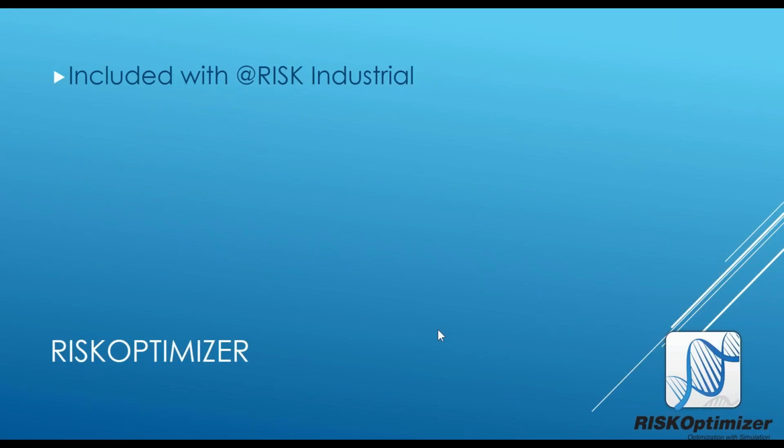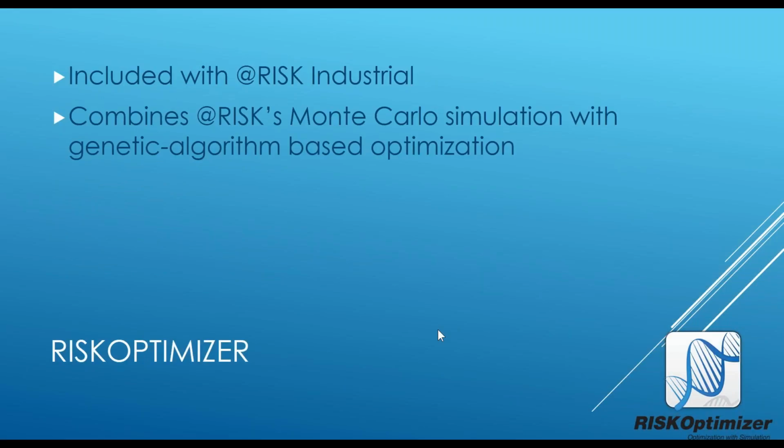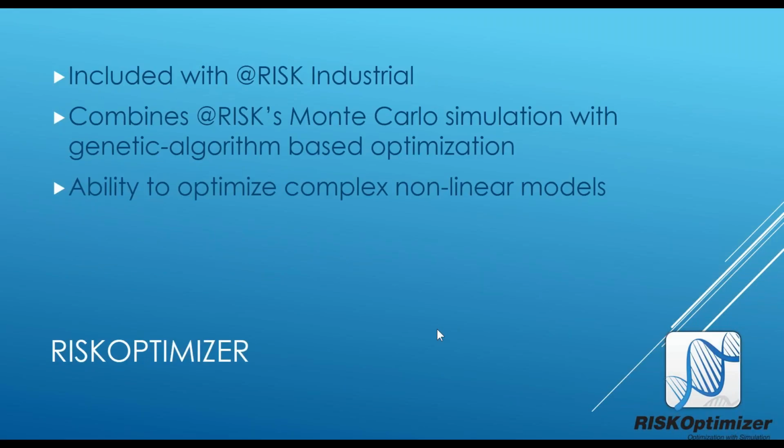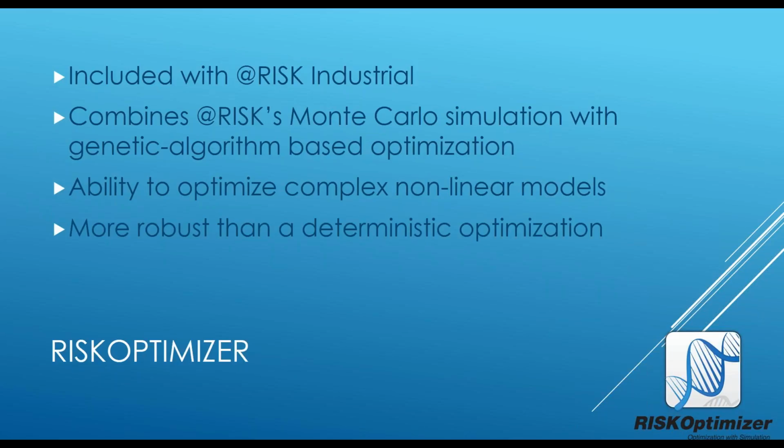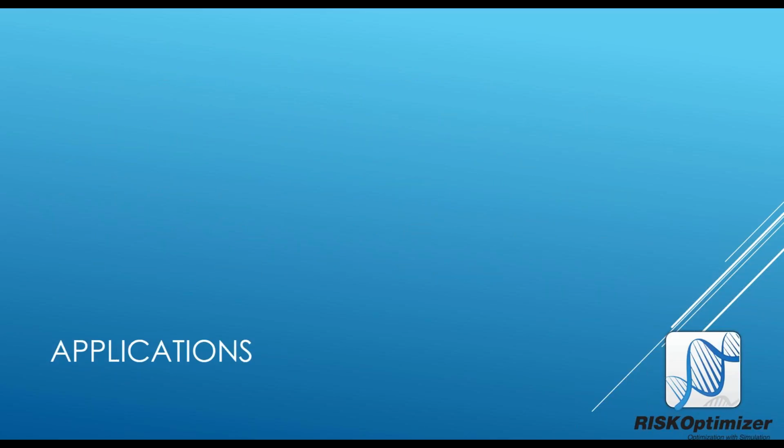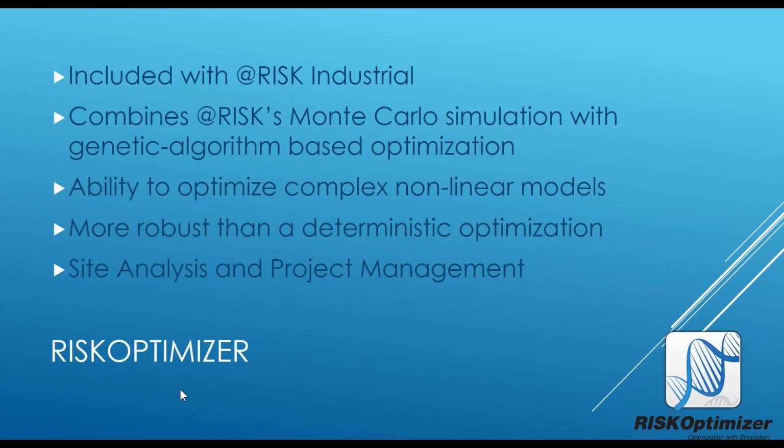So RISKOptimizer is included in @RISK Industrial, and it combines @RISK Monte Carlo simulation with a genetic algorithm optimization. So it gives you the ability to optimize some nonlinear models, and it's more robust than a deterministic optimization, which is what Evolver does.